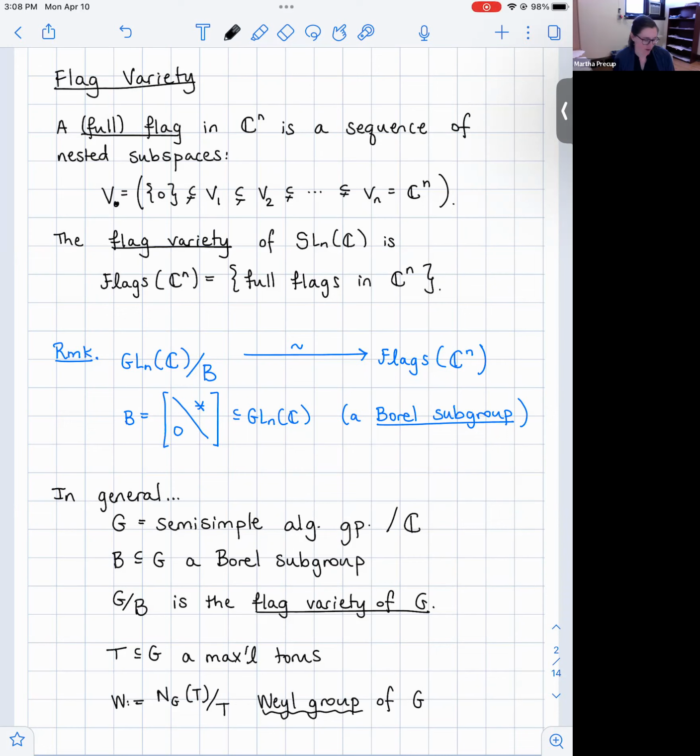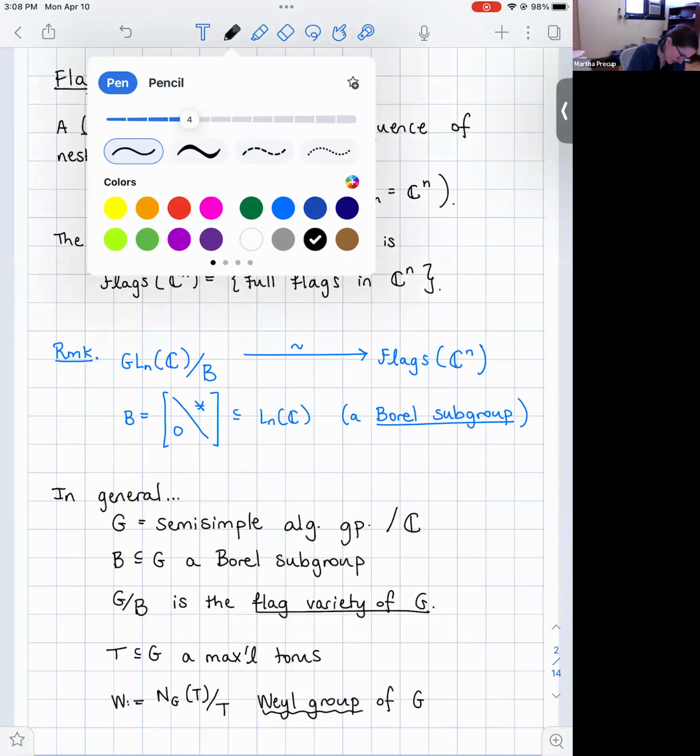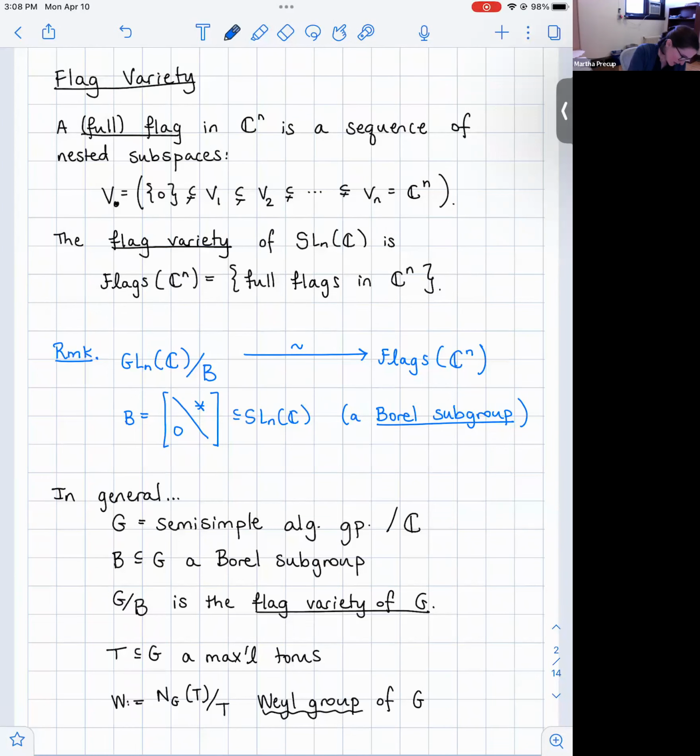And we have an identification between, gosh, I see I wrote G everywhere on this slide. Okay, we'll just change that to S. We have an identification between the collection of full flags and the homogeneous space SLn(C) mod B, where B is all the upper triangular matrices in SLn, also known as a Borel subgroup.